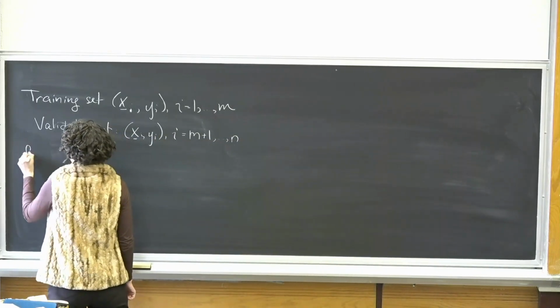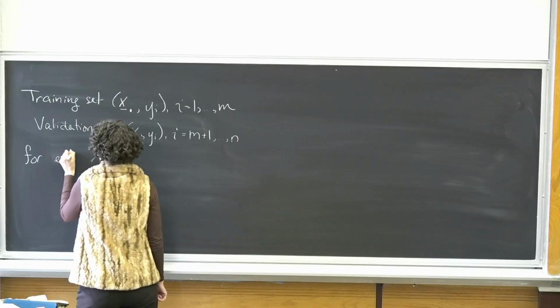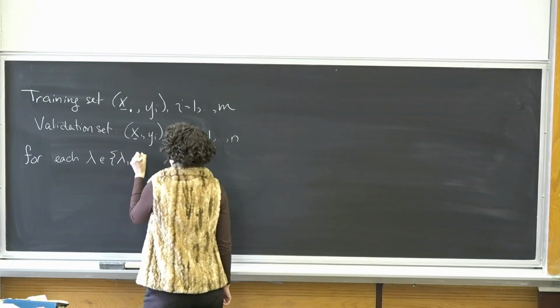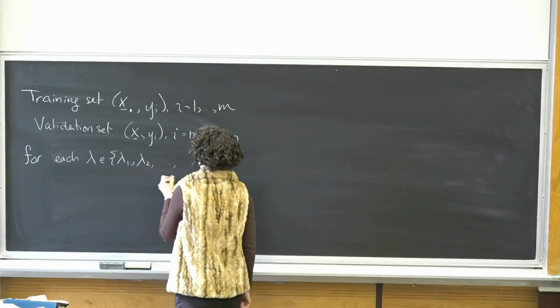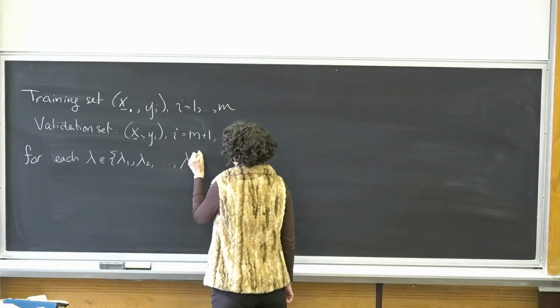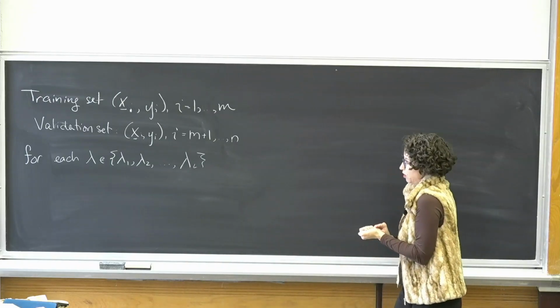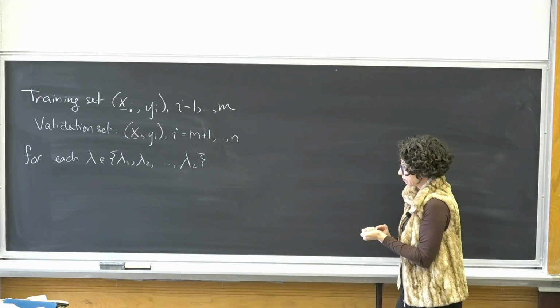I'm going to have a whole collection of different lambdas. I could call them lambda 1, lambda 2, all the way to lambda, I don't know, L. Just a discrete set of possible lambdas that I want to consider.